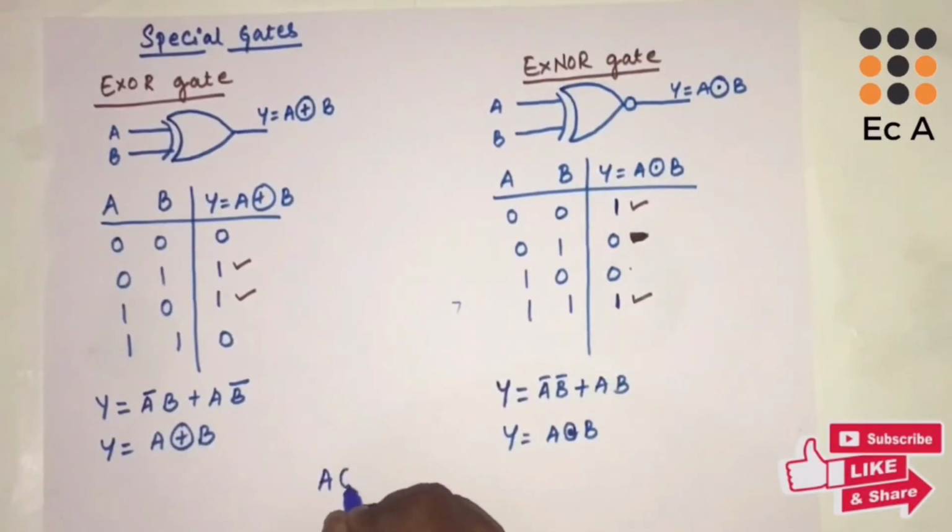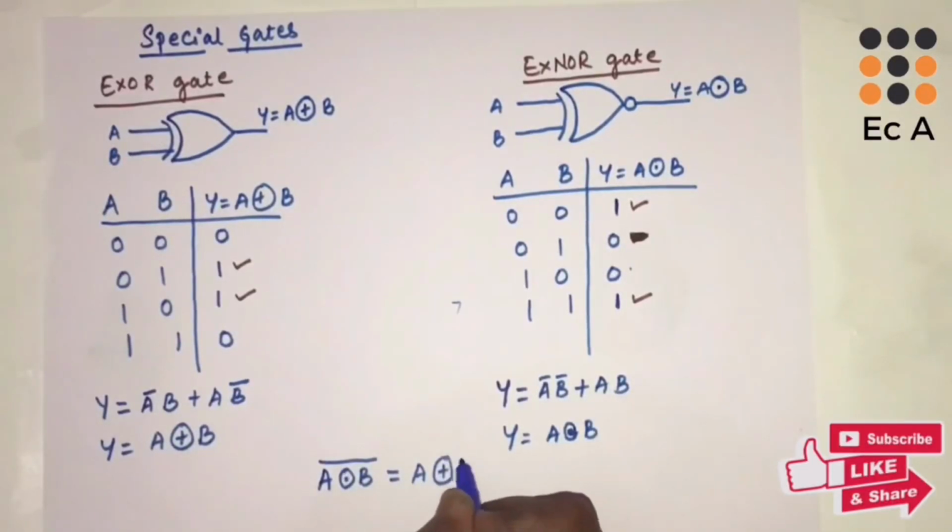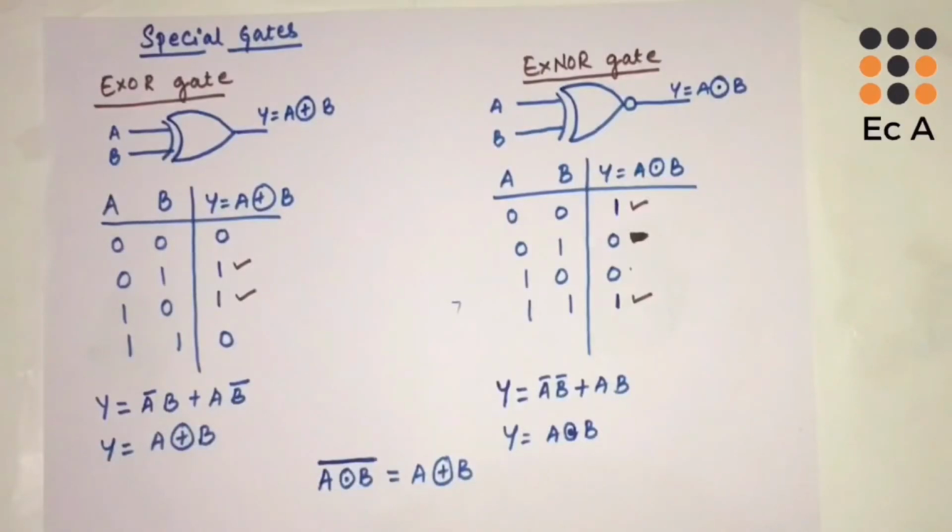A XNOR B complement is nothing but A XOR B, and it is vice versa. If we take complement of A XOR B, it will be A XNOR B, and if we take complement of A XNOR B, it will be A XOR B. So this is about special gates.